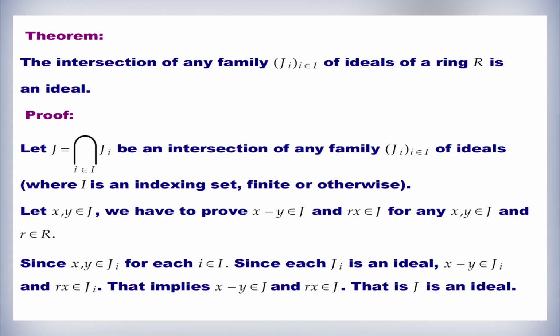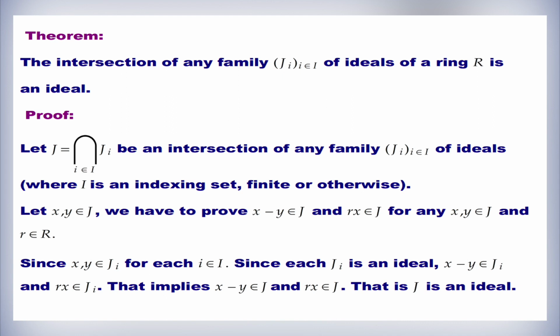Theorem: the intersection of any family J_i, i belongs to I, of ideals of a ring R is an ideal. The proof: let J be the intersection over i belongs to I of J_i, where the J_i form any family of ideals and I is an indexing set, finite or otherwise.